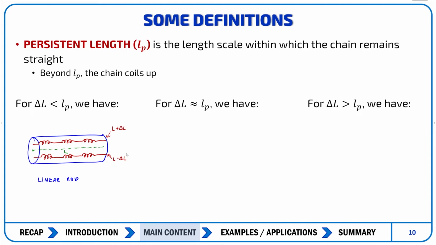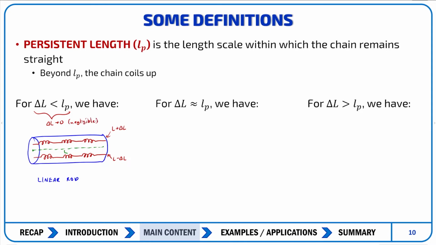Now, if delta L is less than LP, then we can consider this delta L to be very close to 0, and therefore it's negligible.